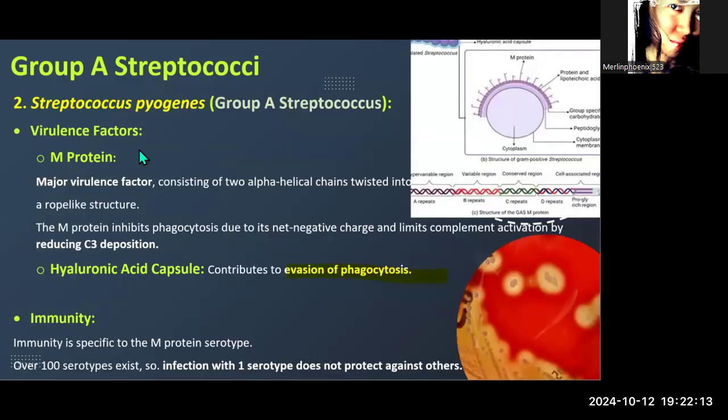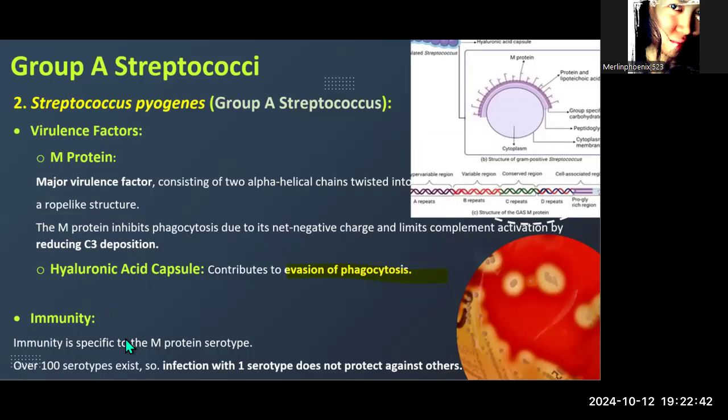Now the virulence factors of Streptococcus pyogenes, or group A Streptococcus: the M protein and the hyaluronic acid capsule. The M protein is the main virulence factor, composed of two twisted alpha helical chains. It inhibits phagocytosis by its negative charge, and it reduces complement activation by limiting C3 deposition.